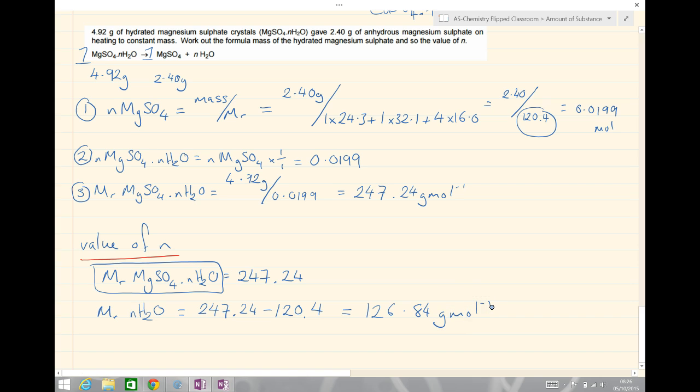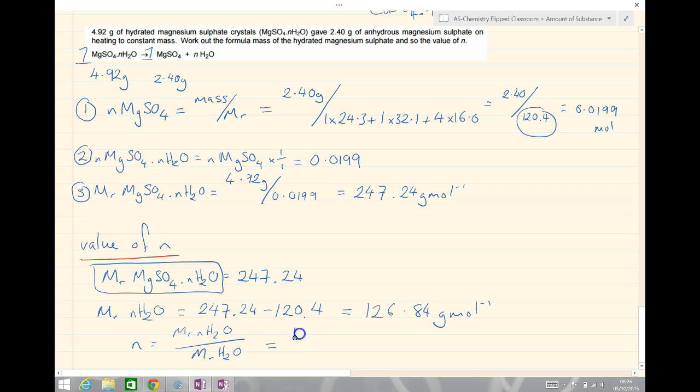And that is made up of a number of units of water. So how many units of water? n is simply going to be equal to the Mr of the water in the crystal over the Mr of water.